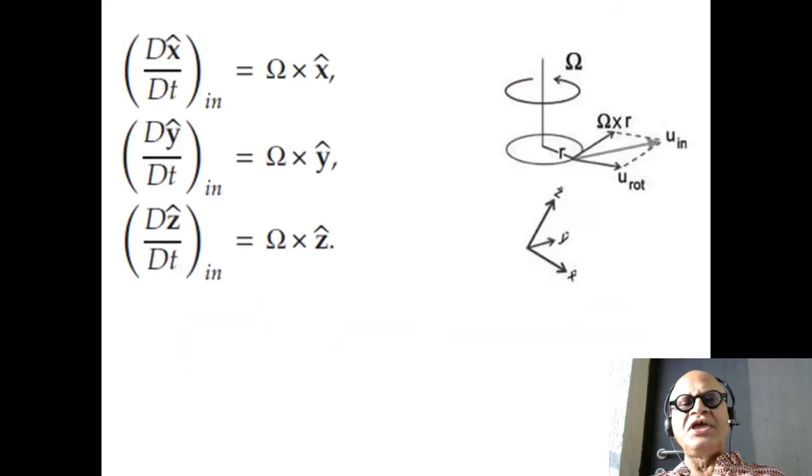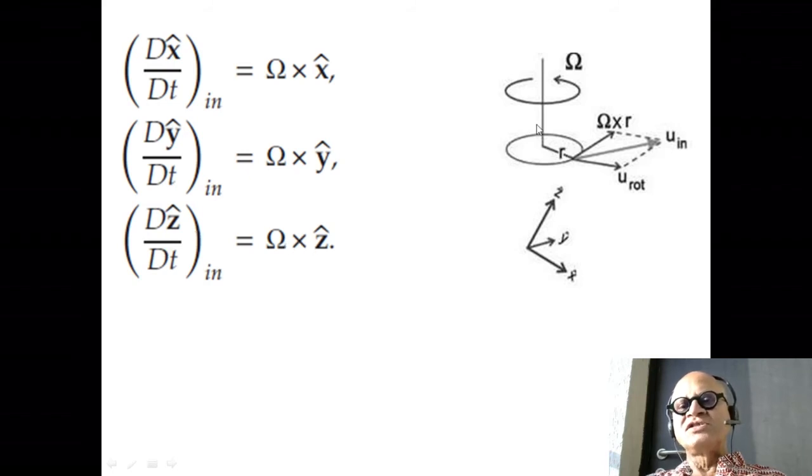But in a rotating framework, since they are moving, if you look from the inertial framework, then the x itself is moving, so dx/dt has to be taken care of, and in the inertial framework there will be omega cross x, dy/dt is going to be omega cross y, dz/dt is going to be omega cross z.